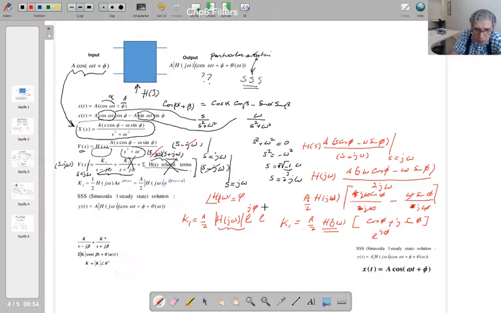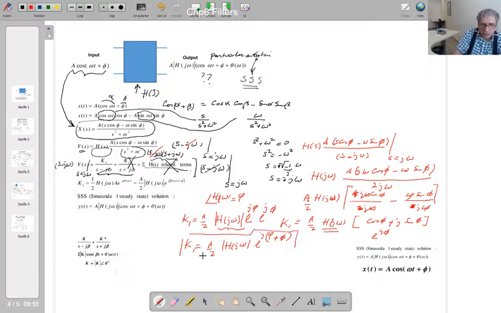So e to the power j, that's φ. So this ends up with A over 2 H(jω) modulus e to the power j(φ plus ψ). That's K1.